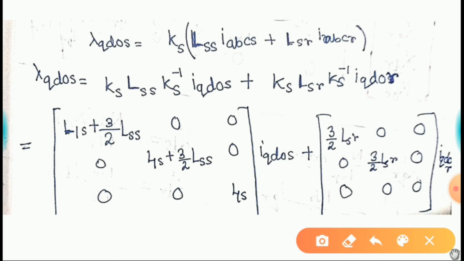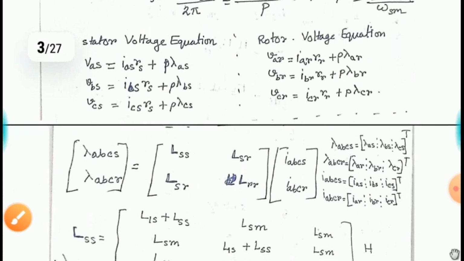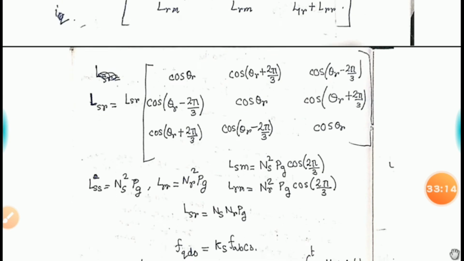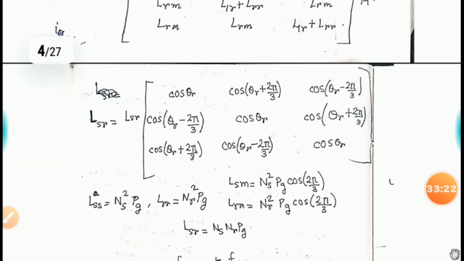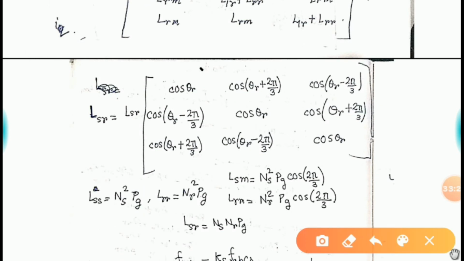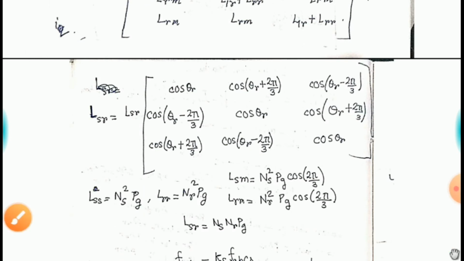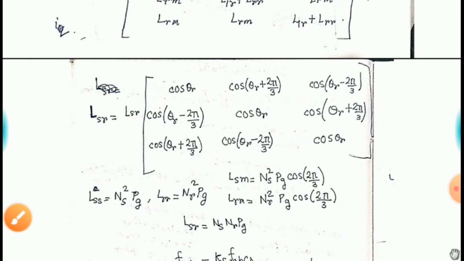Previously, when we were writing this equation for lambda qd0s, all these terms involve theta, and whenever we try to find out p lambda, with terms like theta or theta plus 2 pi by 3, these theta dependent terms will generate some dependency on omega, and that is no way helpful.